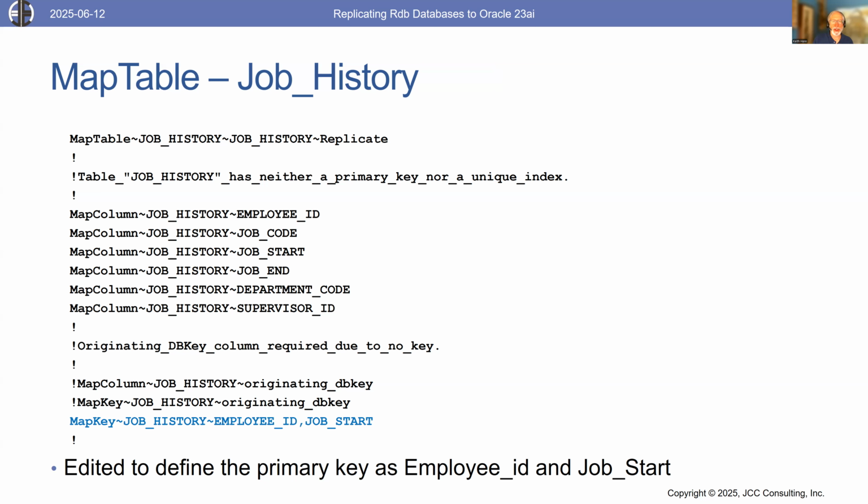And that's because I know how this data works, and job start and employee ID uniquely identifies a record. So I had to edit that in based on my knowledge of the data because we didn't have a rule about that in the database.